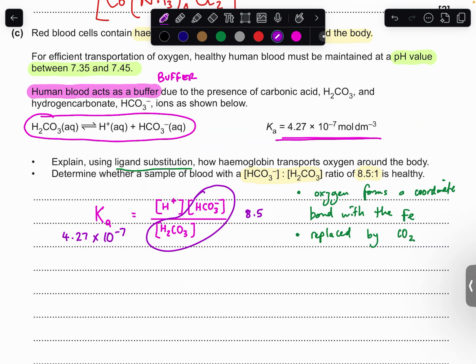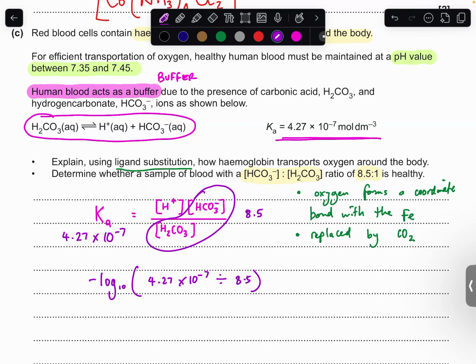So what we do is minus log to the base 10 of H plus concentration. How do we work out H plus concentration? It's 4.27 times 10 to the minus 7, and let's divide that by 8.5.